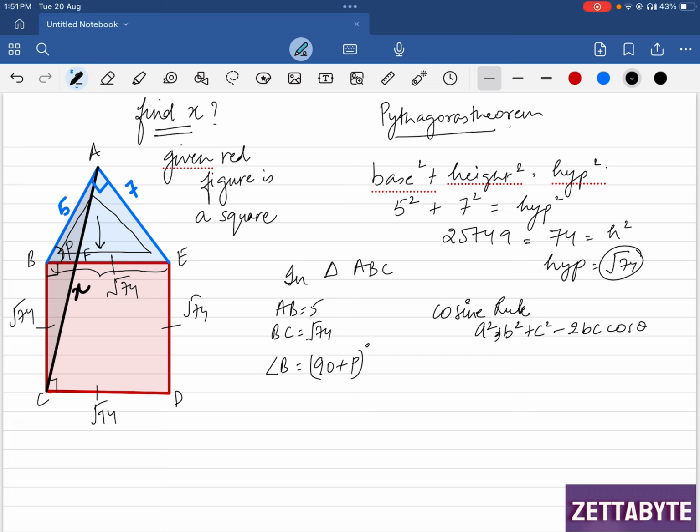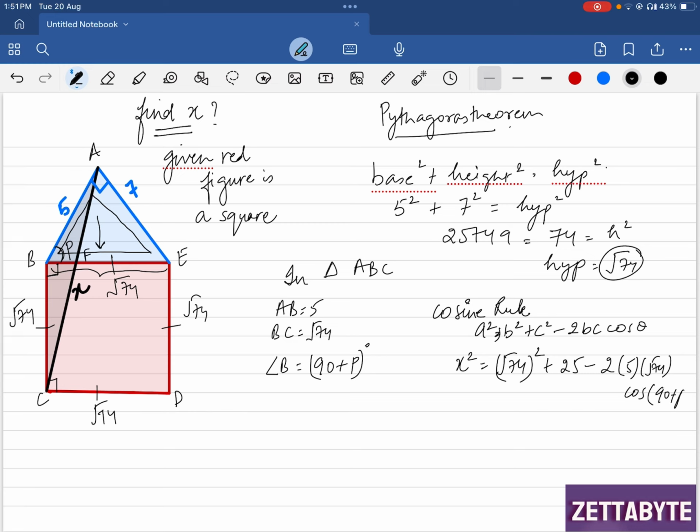Same thing we can apply over here, which is x square is equal to one of the side square, that's root 74 square, plus c square means 25, and minus 2 times 5 times root 74 times cos of 90 plus p.